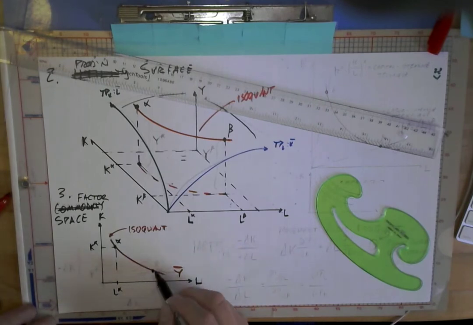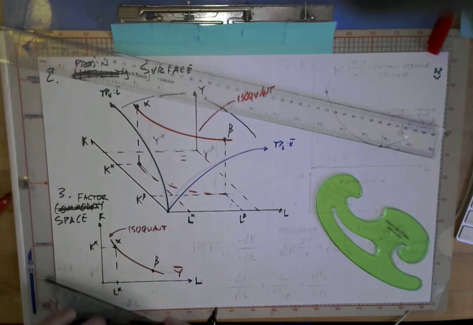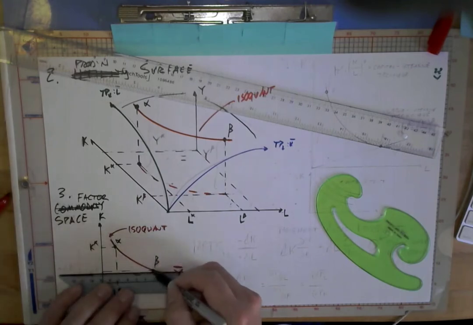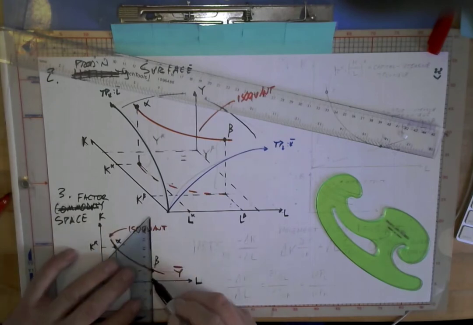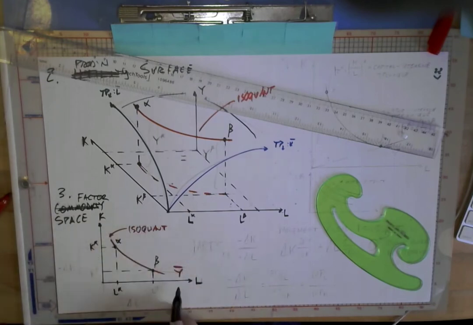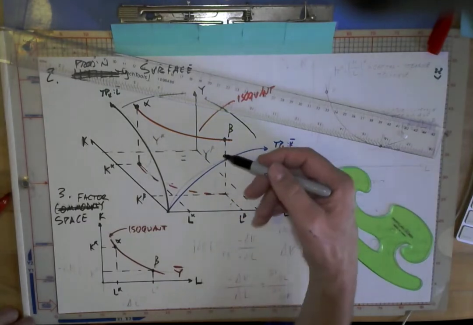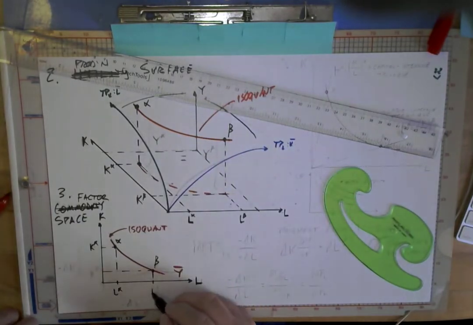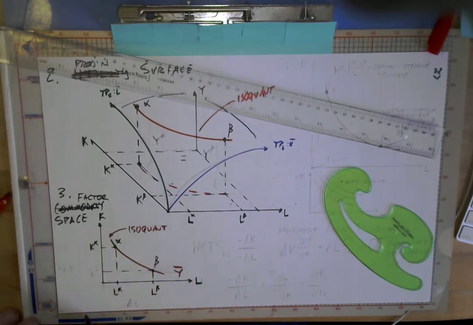And then you're going to have the beta technique. Okay, the beta technique is going to have relatively less capital and relatively more labor to produce the same quantity of output, right? Because we see that the output y beta is equal to the output y alpha. So it's going to be the capital and labor inputs for the two respectively.